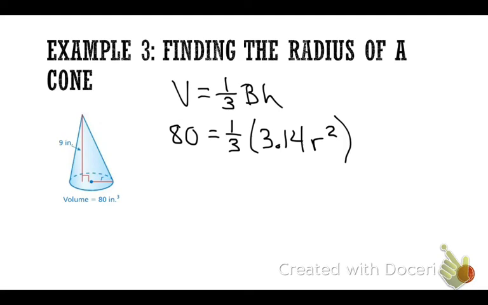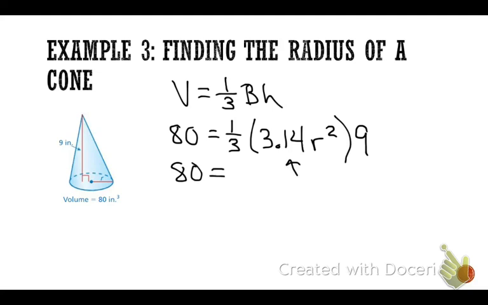9. All right, so here's where order of operations is going to help us. I can't take 1/3 of 3.14 r squared. That's just going to be messy, right? But order of operations says I can take 1/3 of the height if I could take that evenly. What's 1/3 of 9? 3. So now I could say 80 equals, what's 3 times 3.14?